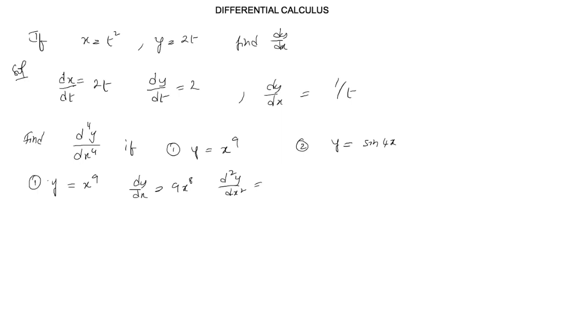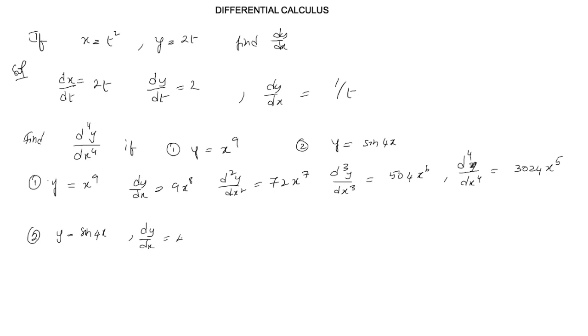So dy by dx is 9x power 8, d square y by dx square gives 9 multiplied by 8, that is 72 x to the power of 7, and d cube y by dx cube gives 504 x power 6, and d power 4 y by dx power 4 is 3024 x power 5.